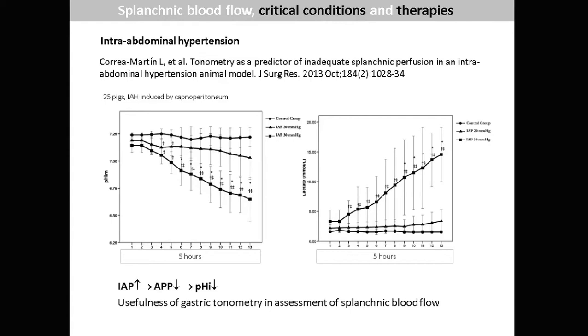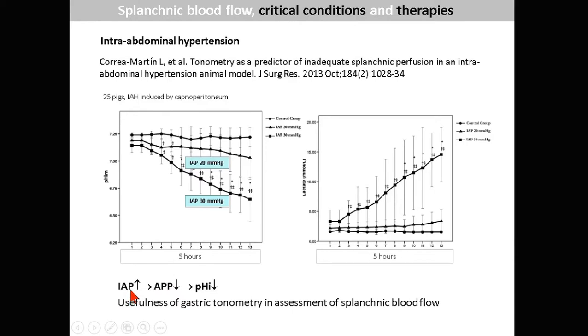Here, in experimental animals, the intra-abdominal pressure of 20 or 30, these are 25 peaks. Intra-abdominal hypertension was induced by capnoperitoneum. The 30 millimeters of mercury is really high. 20 millimeters of mercury is something more relevant to our clinical practice, but what we see is, again, that intramural, intragastric pH was decreased while the animals were suffering 5 hours of intra-abdominal hypertension.